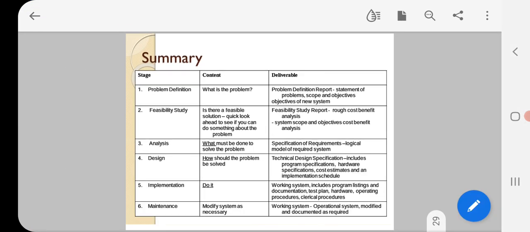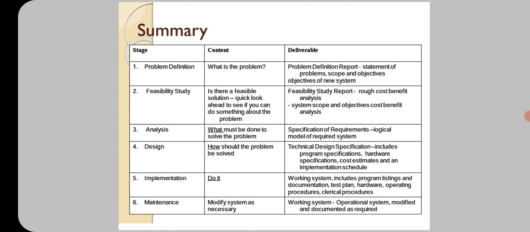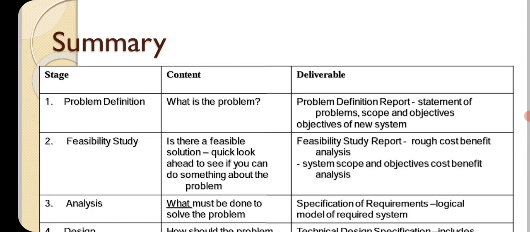This is the summary of this PPT on the SDLC process. First one is problem definition. Problem definition mainly concentrates on what the problem is and what the deliverables are. That means a problem definition report, statement of problems, scope and objectives of the new system, the existing system and the new proposed system.